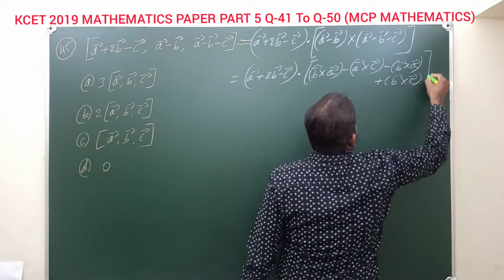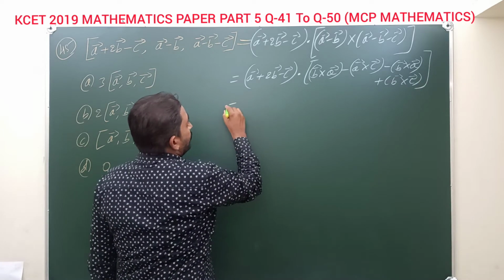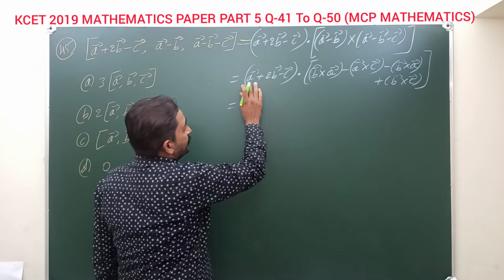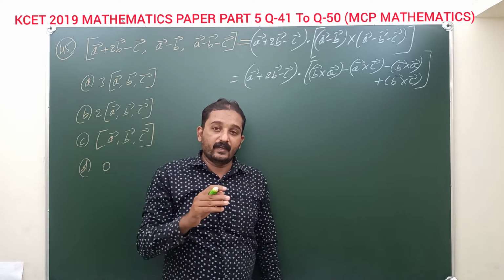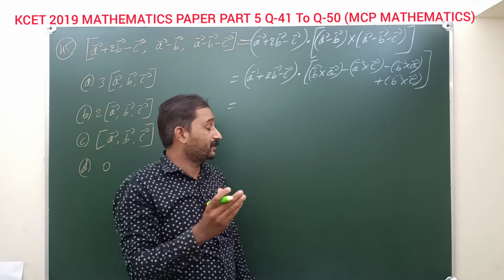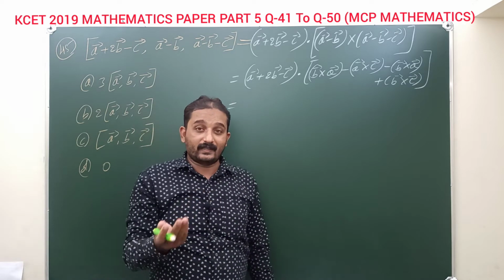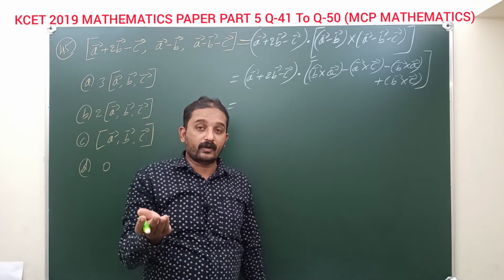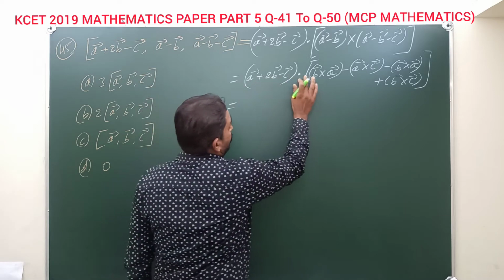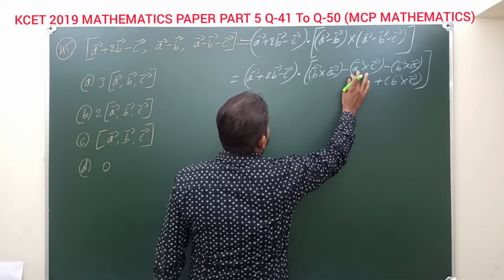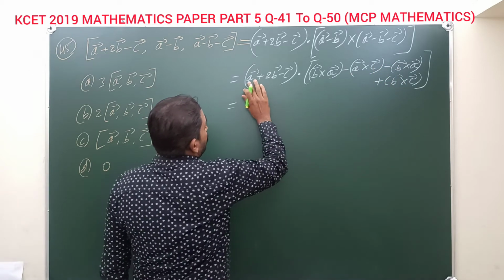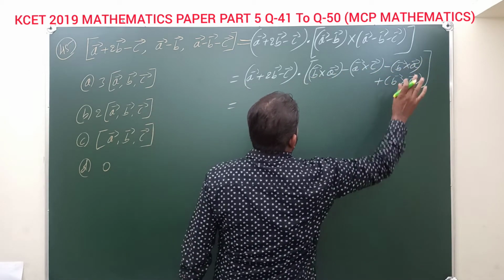So now simplify this once again. In the scalar triple product also, if any two vectors are equal, the scalar triple product vanishes. So in this case A dot B cross A, A is repeated 2 times, it becomes 0. A dot A cross C is also 0. A dot B cross A is also 0.